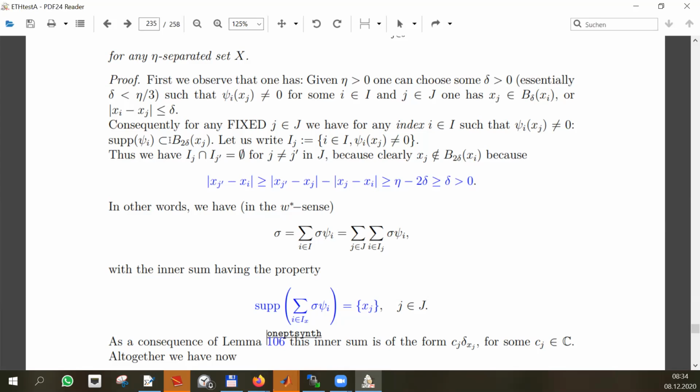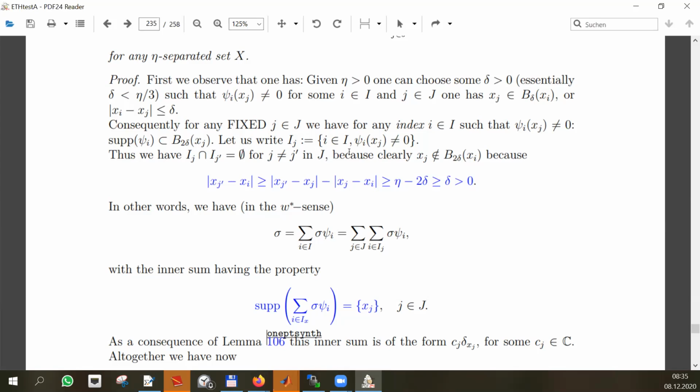What we have is that, maybe it's a bit too short here, the center of psi I is a point which normally I would call xi, but I avoided it here. So it's the center, and so the xj is a different point. So let's say within the support there, the distance is about 2 delta.